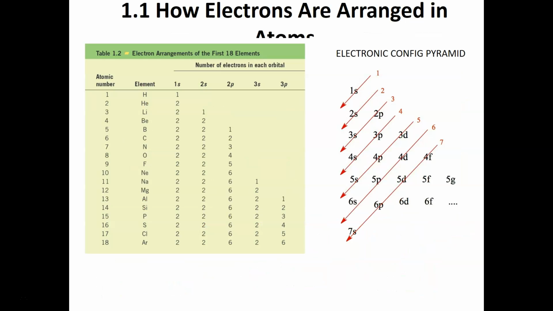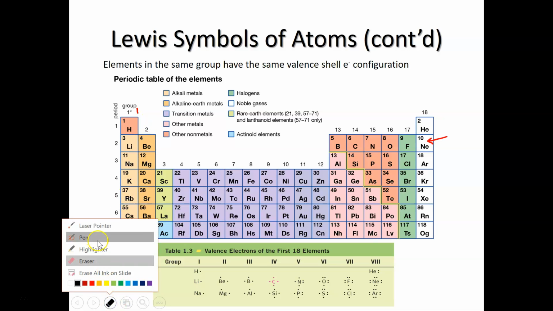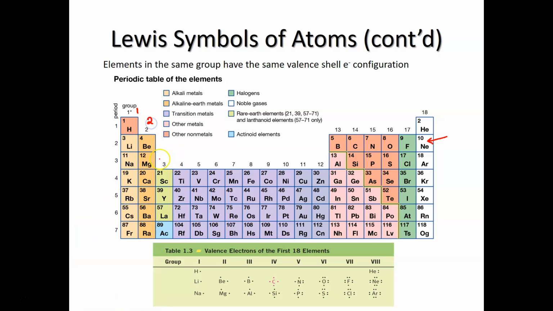So let's do an example on electronic configuration of, for example, neon. Neon is in main group 8. Remember how I said you count main groups like this? So that's not an 8. Let me erase this. So that's supposed to be main group 2.